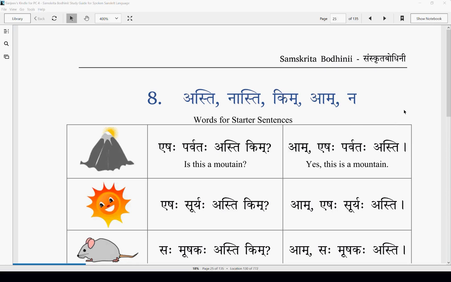Any question here? Hari Om Sanjeev ji. Shiva here. Is there a special word to name the stroke at the end of the sentence, the Sanskrit punctuation, or the double stroke at the end of a paragraph?